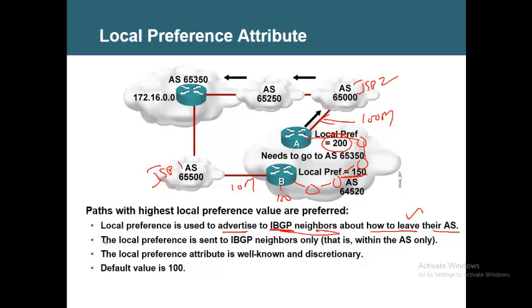Is there any question on local preference? No, sir. But you said local preference is locally significant. Throughout the autonomous system, it is significant. It is locally significant. It's not local to the router. It is local to the autonomous system. So when you configure on router A, you see, local preference is used to advertise to IBGP neighbors.